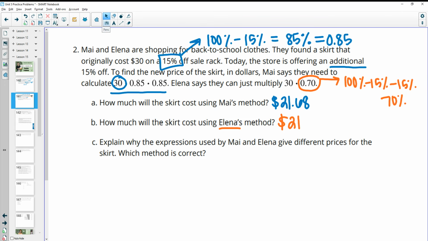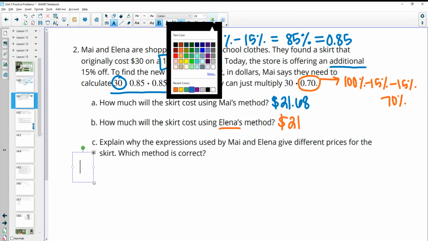So then it wants us to explain why the expressions used by Mai and Elena give different prices and which one is correct. So if we look at Mai's interpretation, right?